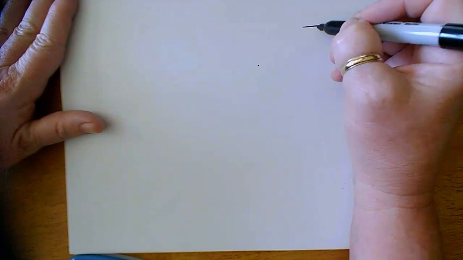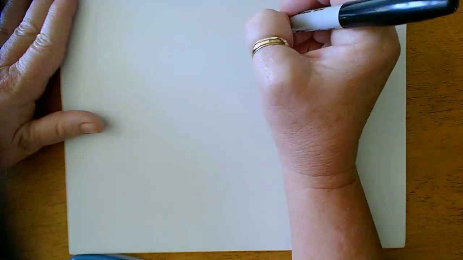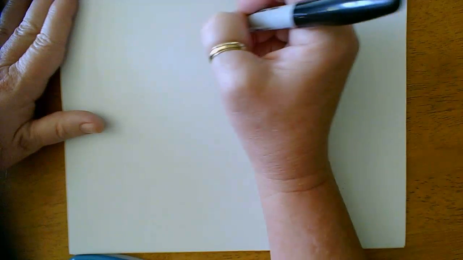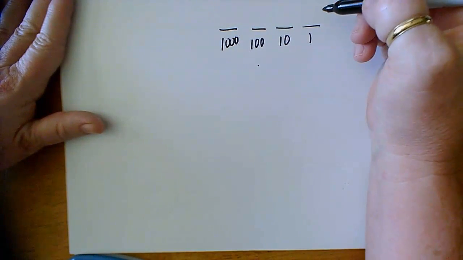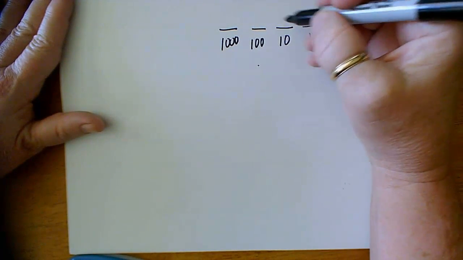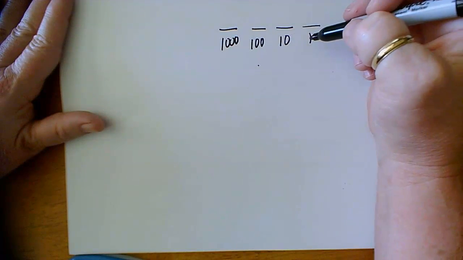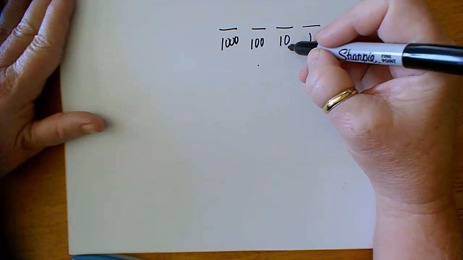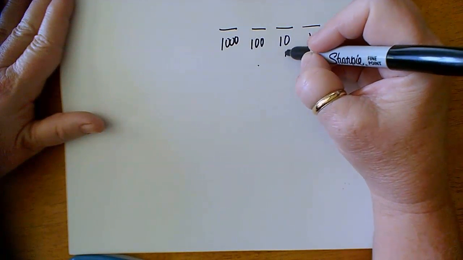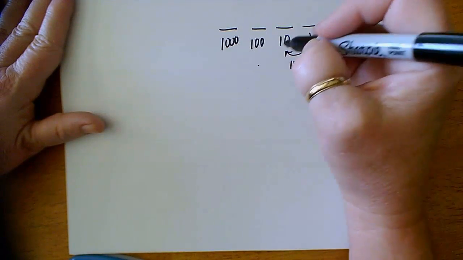So they'll tell me that this is the ones place in base 10, and this is 10, and 100, and 1,000. And we talk about what is the relationship between consecutive or neighboring place values. So for example, the tens place is 10 times larger than the ones place.